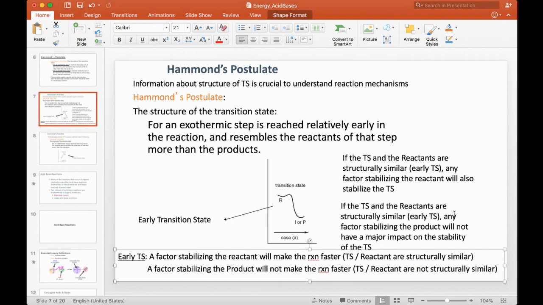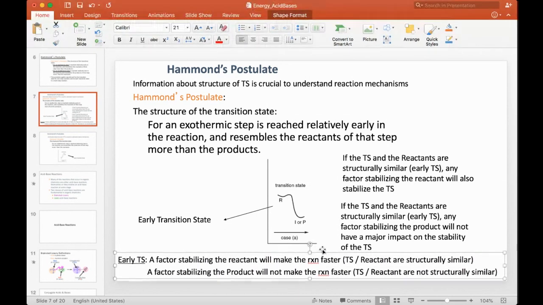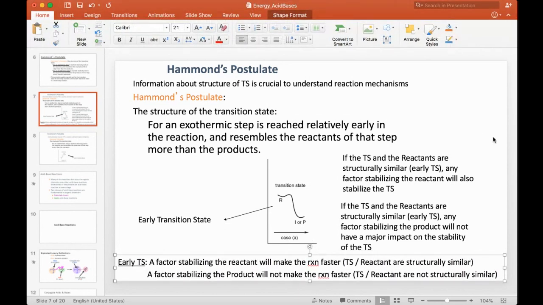The transition state and the product are not structurally similar, okay? And that is a really important thing because that will impact a lot how you can manipulate reactions in the future to favor a product or vice versa, okay?